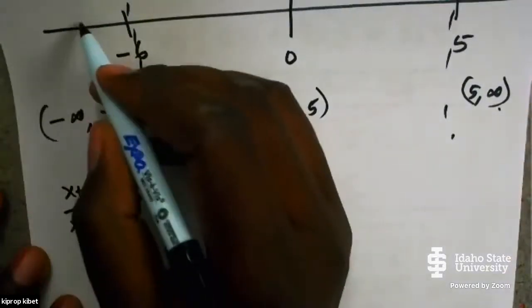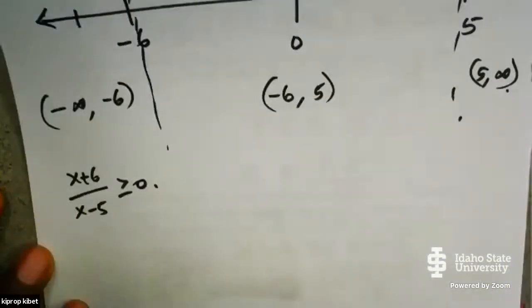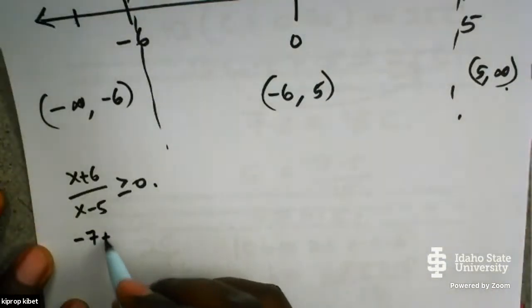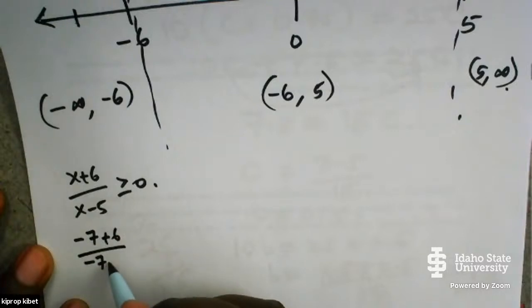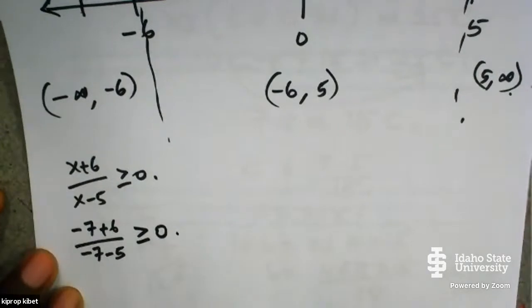Let's put any point, when x is minus 7. It will be minus 7 plus 6 all over minus 7 minus 5. Is this one greater or equal to 0? Minus 7 plus 6 is minus 1. Minus 7 minus 5 is negative, and negative over negative will be positive, right?